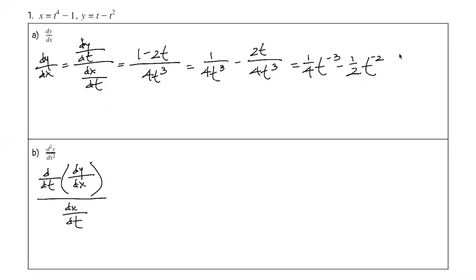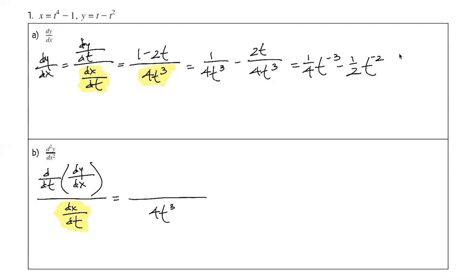Okay, so this is the setup that we want. So let's color code. What are we putting where? My dx/dt, as I found from my first derivative, is 4t cubed. That means on the bottom of this fraction, to find my second derivative, I need to write 4t cubed. So let's go ahead and do that.